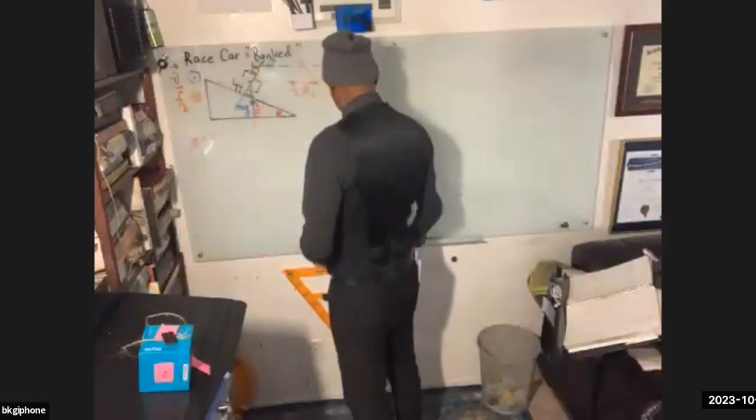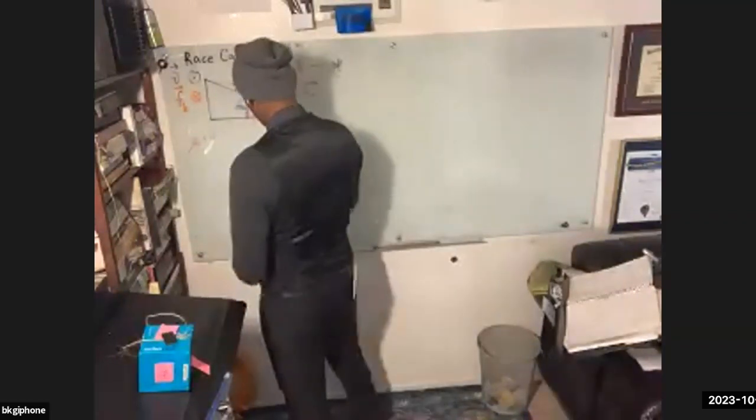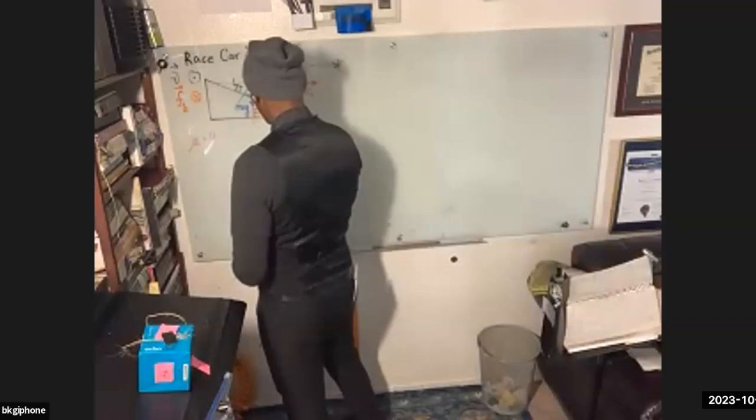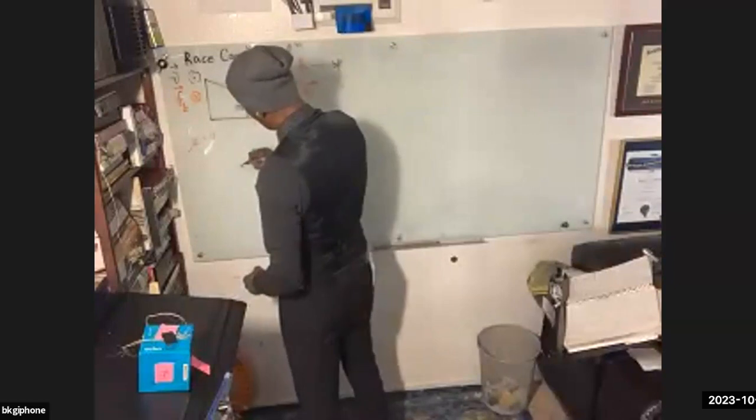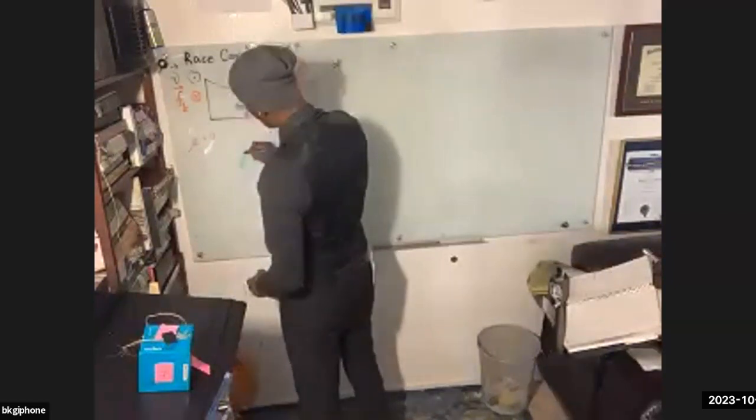So when I do my free body diagram, straight up, if this is theta, it's the adjacent side. So this is going to be N times cosine of theta straight up.